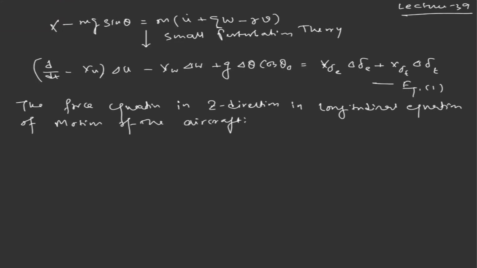We can write Z plus mg cos theta cos phi equal to m into (w dot plus pv minus qu).